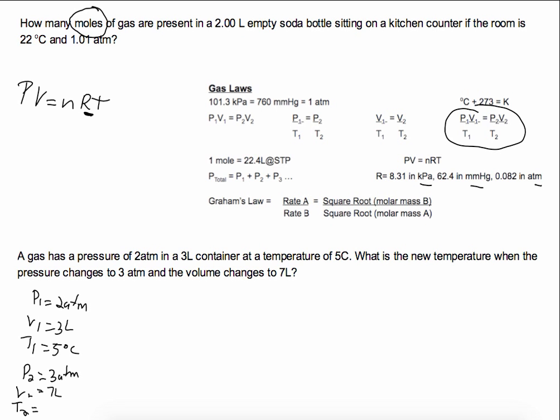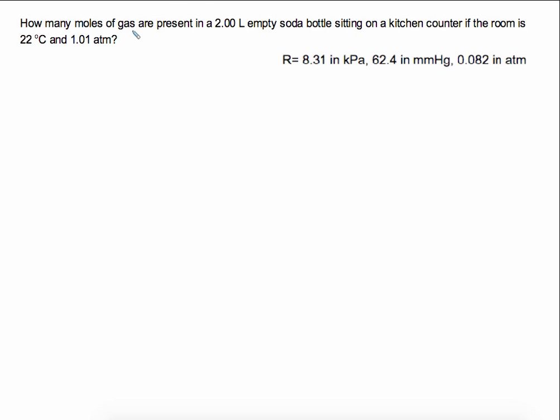All right, so let's go ahead and try the first one here. How many moles? Right away that says moles, so I know that I'm going to need to use PV equals nRT. So I'm going to make a list: P, V, n, R, T, and I'm going to write them down. How many moles of gas?